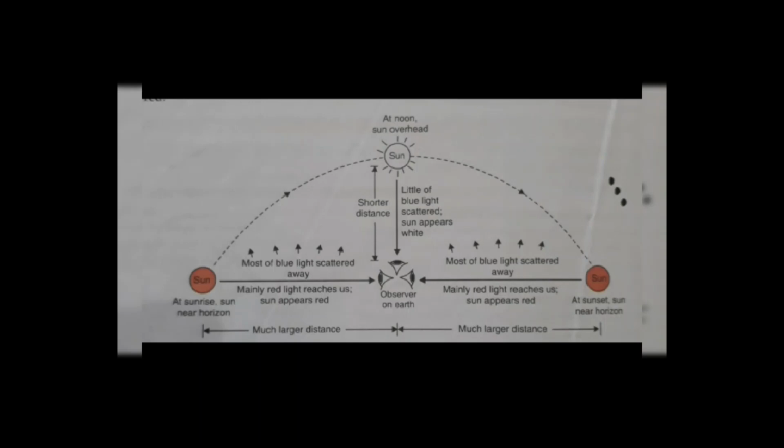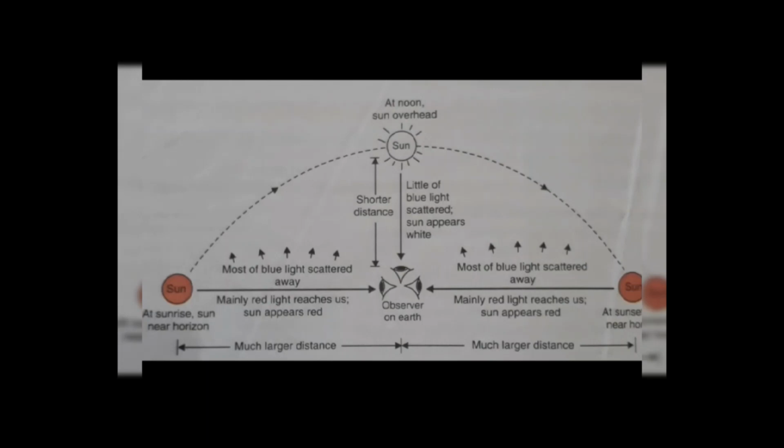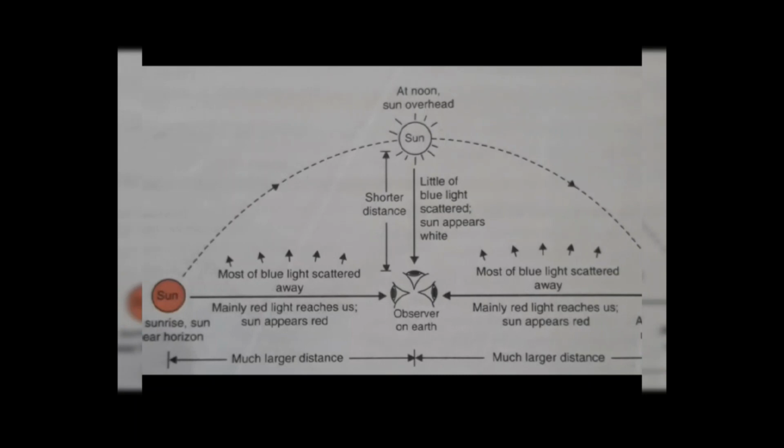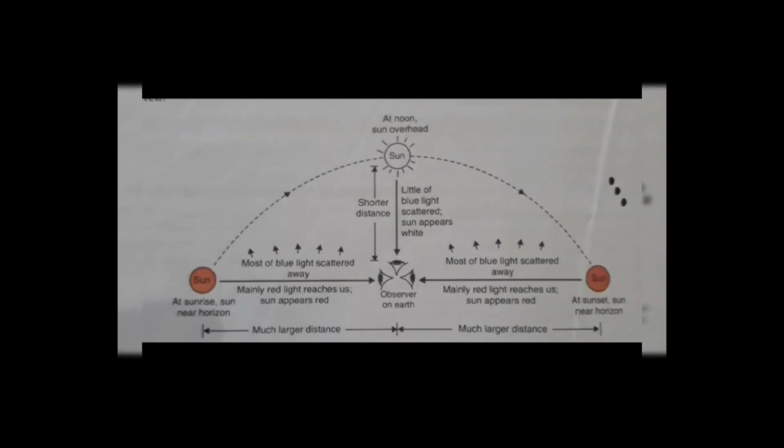At the time of sunrise and sunset, the sun and the surrounding sky appear red, because at that time most of the blue color present in sunlight has been scattered out and away from our line of sight, leaving behind mainly red color, the one with a large wavelength, and that direct beam of red light reaches our eyes.